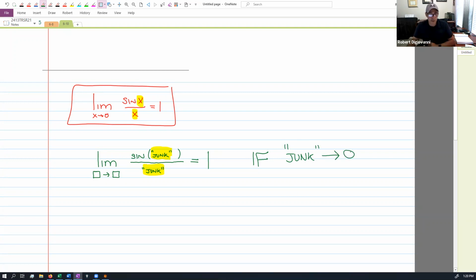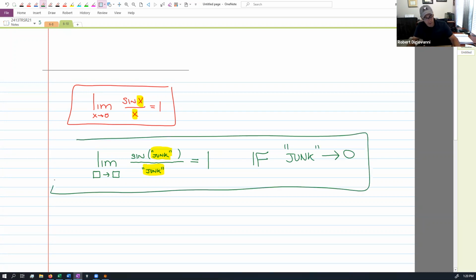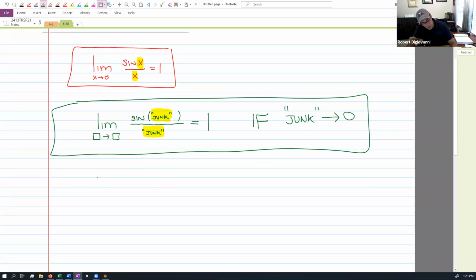So what do I mean by this? This is the thing you need to know. Let me give you an example. Limit as x approaches 3 of sine of x minus 3 over x minus 3. The answer to that is 1. Now, why is it 1?